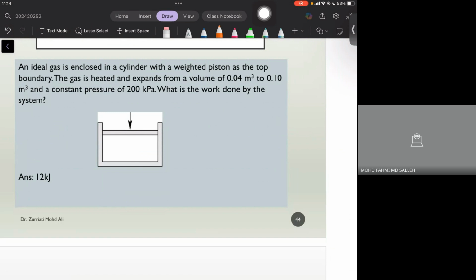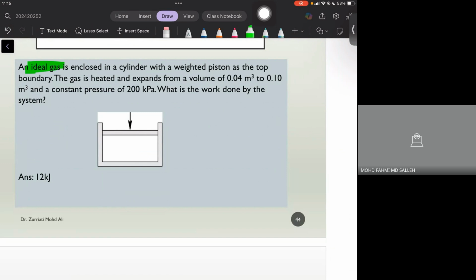So if you look here, they only state that it is an ideal gas. So there is no specific gas, but we know that it is a gas. And we are going to use all the formulas and equations related to the ideal gas to form our analysis for this particular question.